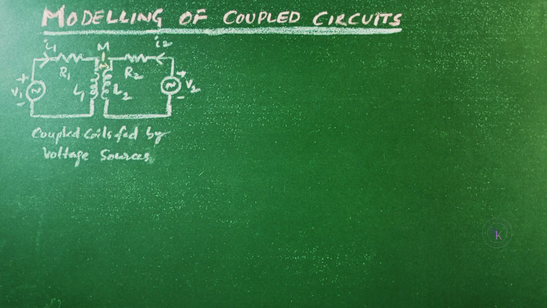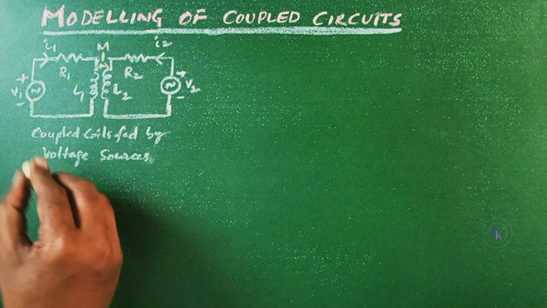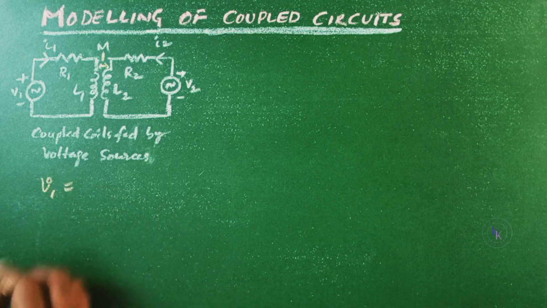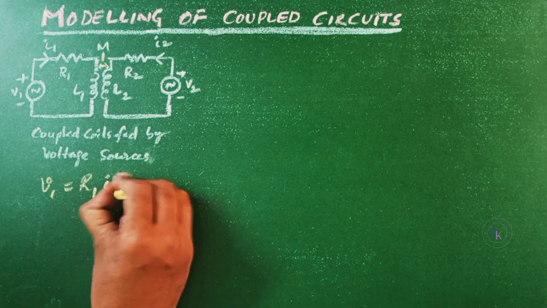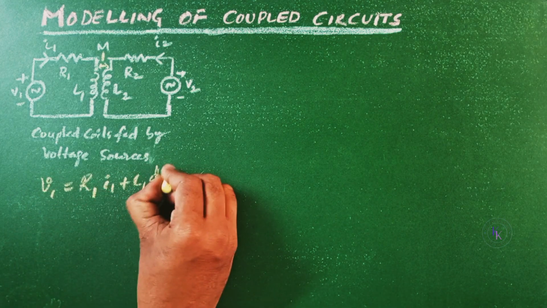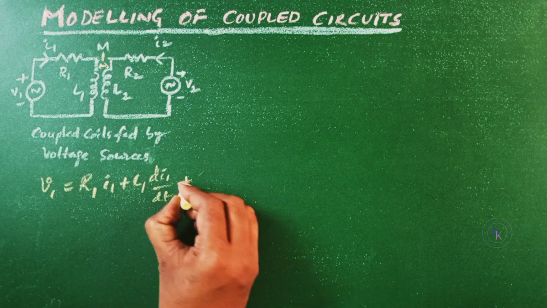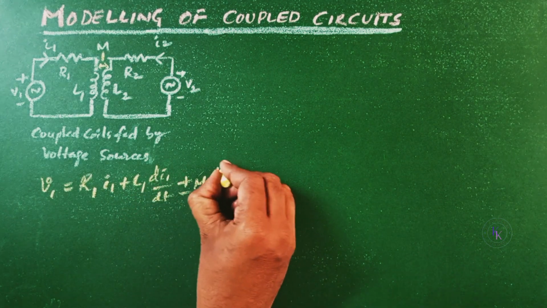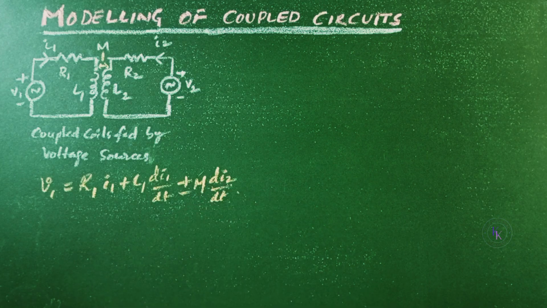Modeling of coupled circuits. Each circuit contains a voltage source and the respective mesh currents being I1 and I2. Applying the KVL for the above circuit, we will get V1 equals R1 I1 plus L1 dI1 by dt plus or minus M dI2 by dt.